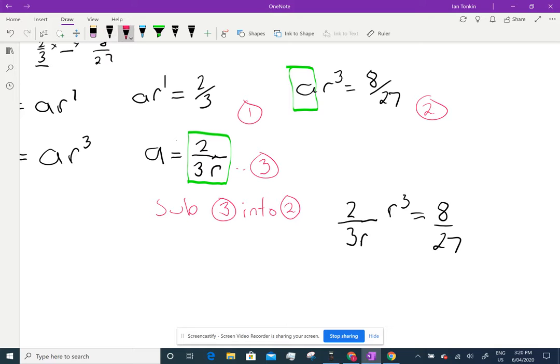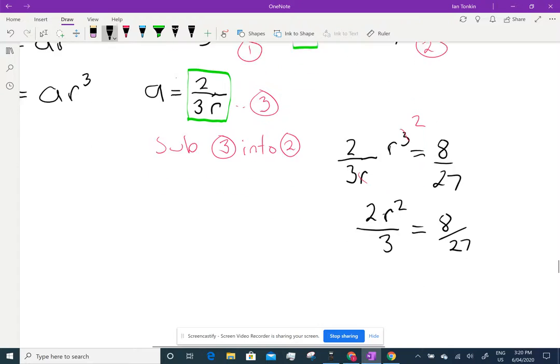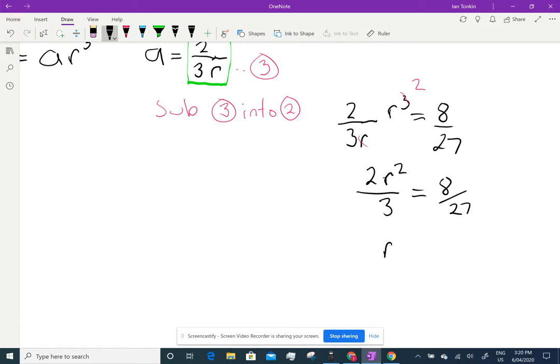Oh, it's looking remarkably similar to what we did before. So we get 2r squared on 3 equals 8 on 27. We'll multiply the 3 across and divide by the 2. r squared, and we already know that that is 4 on 9. And we'll square root those.